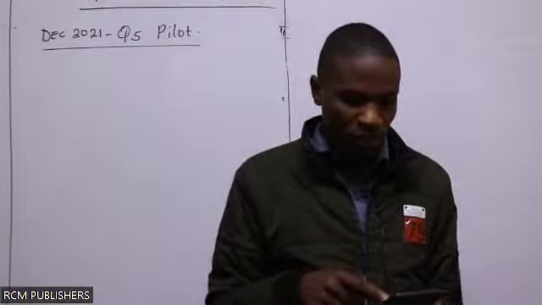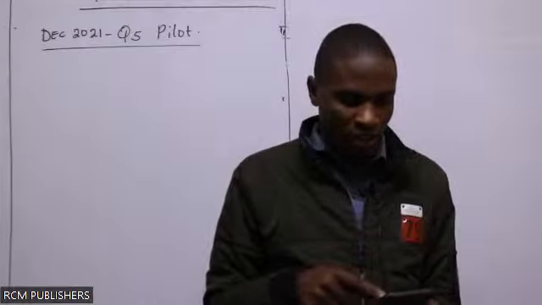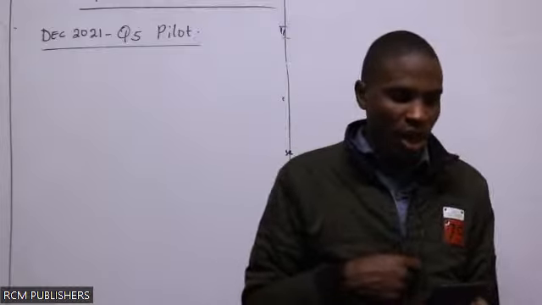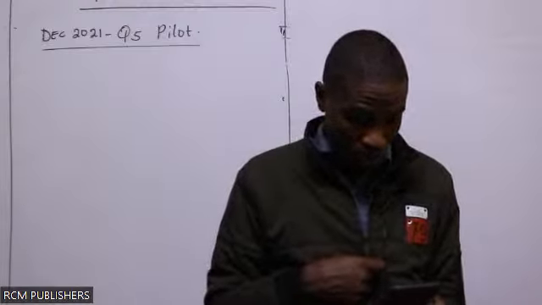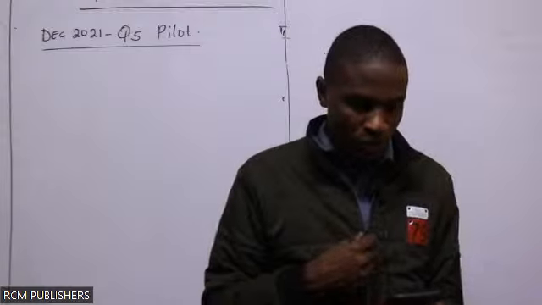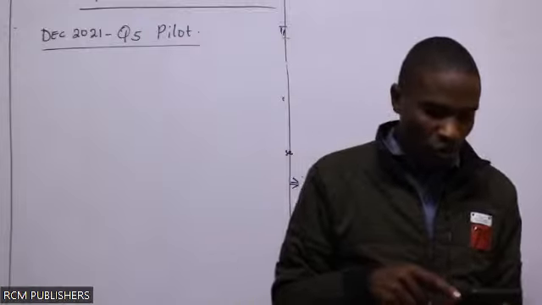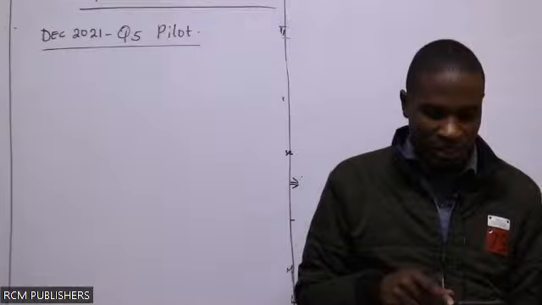Statement of financial position, 2020 and 2021. Non-current asset, property, plant and equipment. Current assets, we have inventory, receivables, bank, then total assets. Capital, share capital, retained earnings, non-current liability, current liability, total liability, total capital and liability.